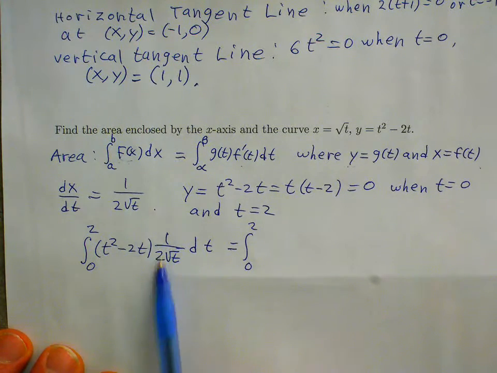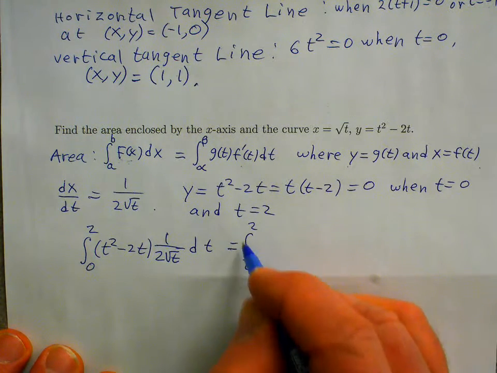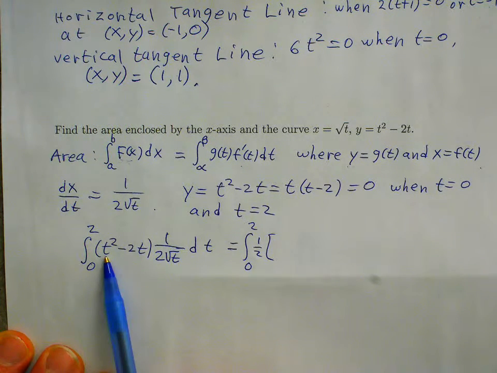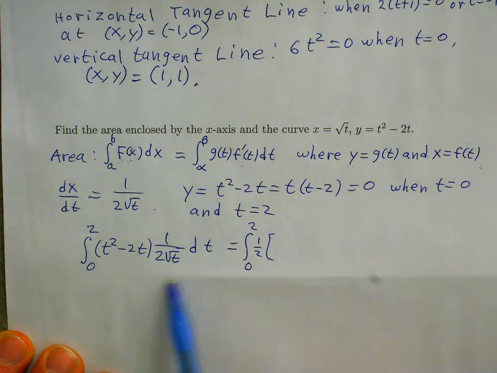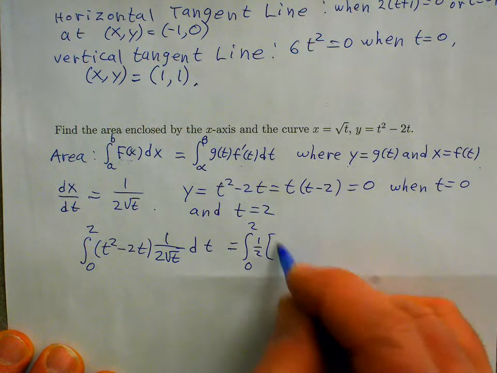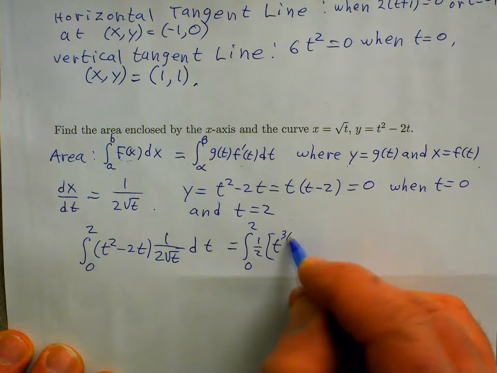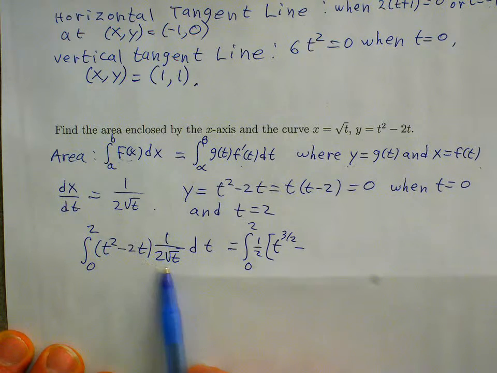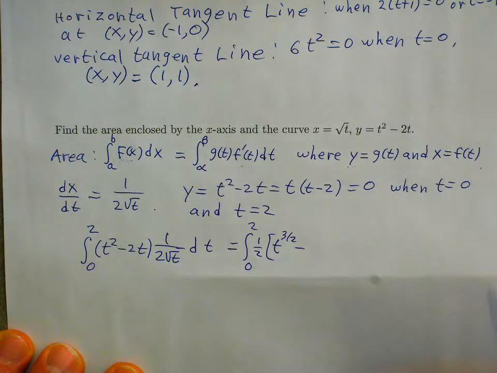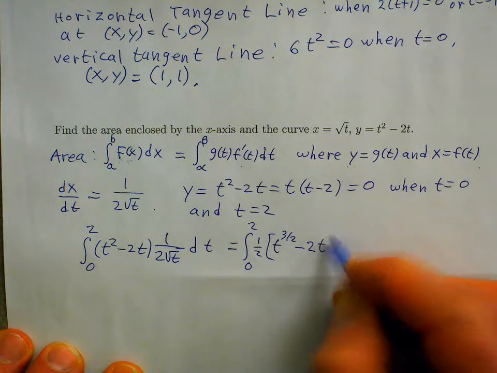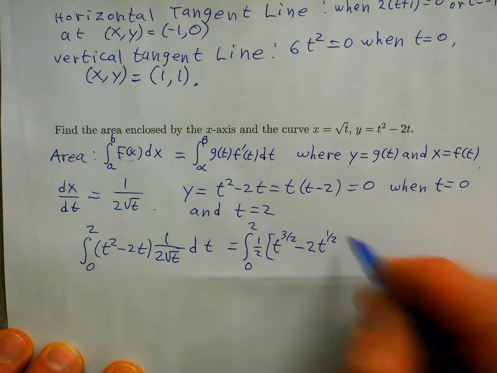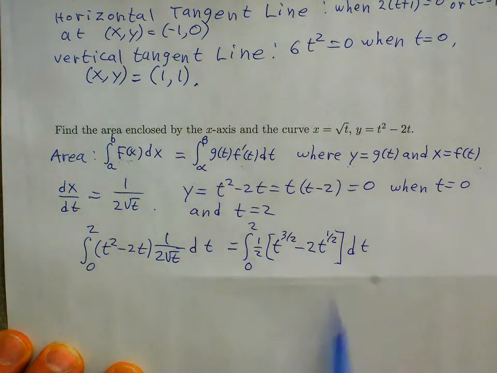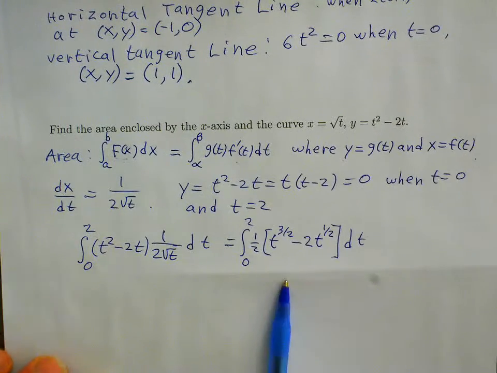So we have this factor of 1/2. I'll just put it here. When we multiply t to the second times 1 over the square root of t, that will simplify to t to the 3/2. And then minus 2t over the square root of t, that's minus 2 times t to the 1/2. So you can do the rest of that. This is pretty simple to evaluate.